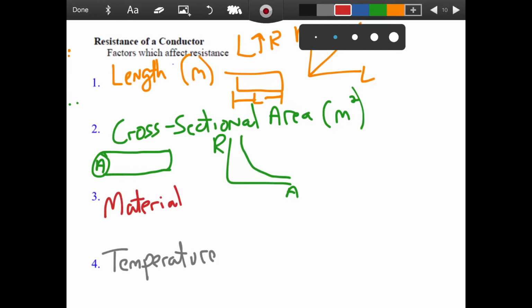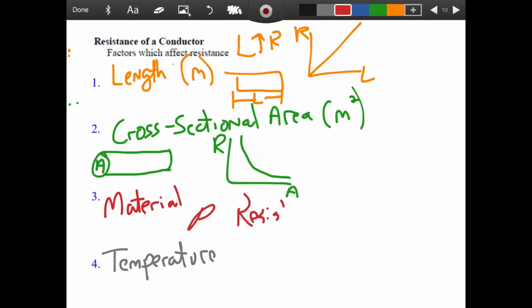Material, that's going to be given to us by the Greek letter rho. That's called resistivity. And as you see on the next page, those are given values. And temperature.